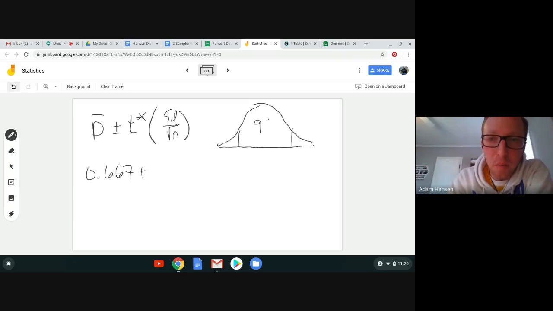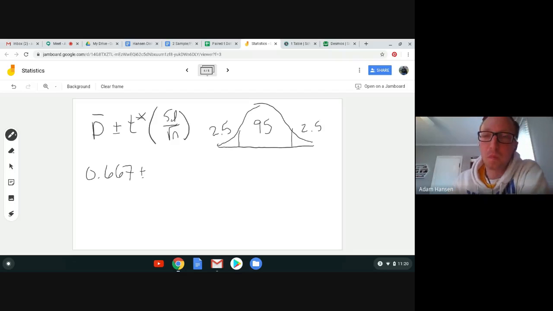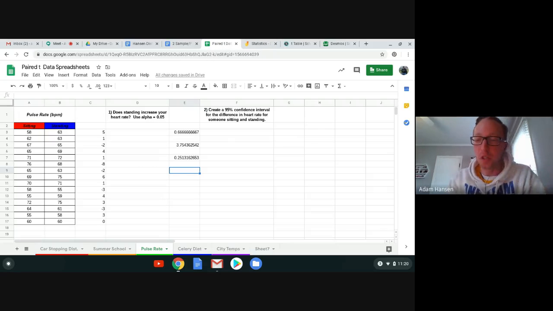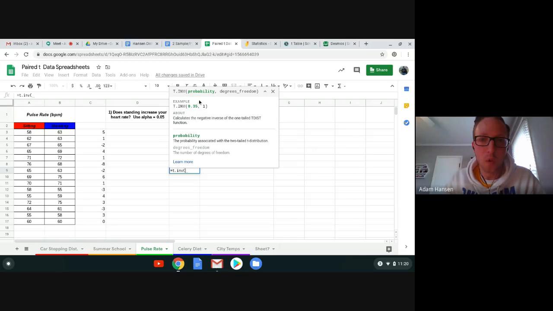So 95% means that there's 2.5 in either tail. You can find that t-score on sheets using t.inv. We need the probability with the degrees of freedom.